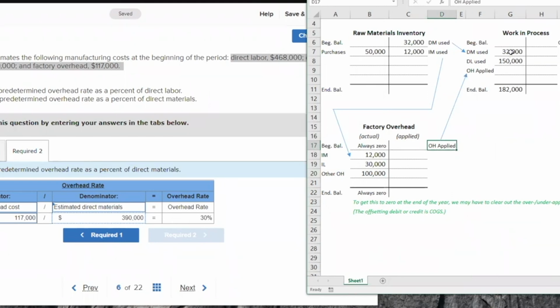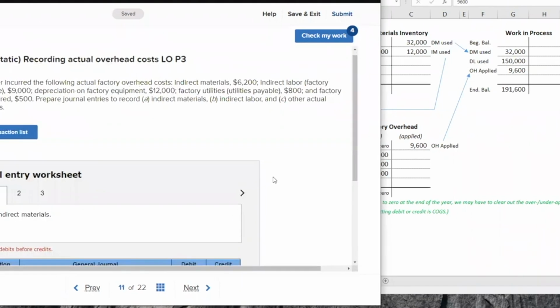So how much direct materials were used? 32,000, right? Well, what's 30% of 32,000? 32,000 times 30%, 9,600 we're going to take out of here and put it here. So it's just a means to get the overhead out of here into here. And we're just using this rate.